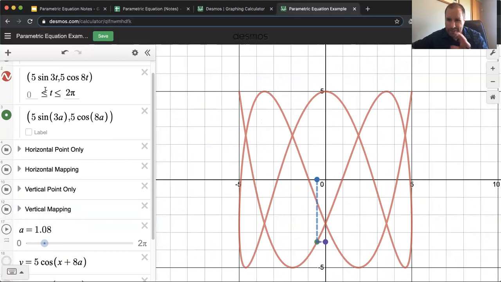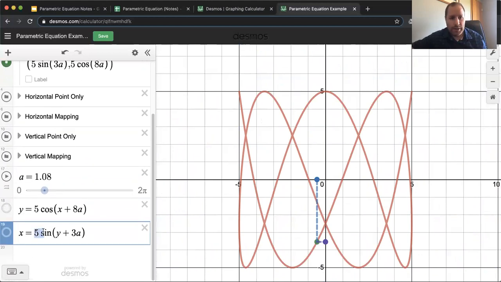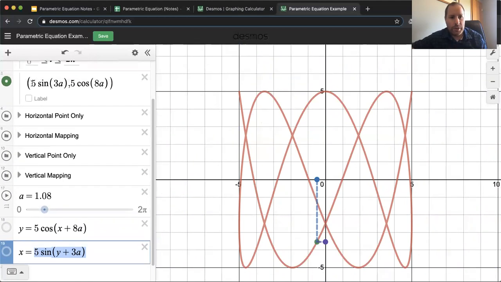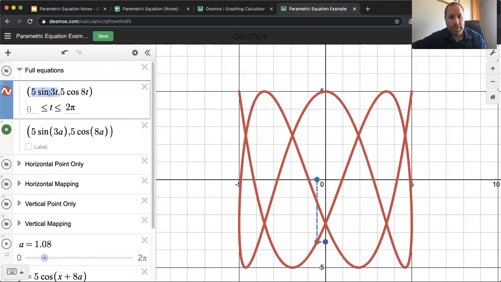Notice I have to change it a little bit, but the x value is 5 times sine, and then the equation is 3 times some value, right? That's what's happening in here. So that's what I put in for the x value in this case, 5 times 3 times t, t representing time.